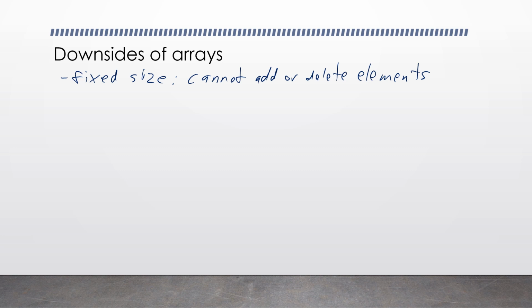So if I create a 5-grade array and then later on I realize that I had a 6th grade that I needed to enter, I can't change it at that point. I have to quit the program, start all over again. Very inconvenient. So I either have to know ahead of time exactly how big the array needs to be, or I need to make the array overly large to leave room for expansion later.